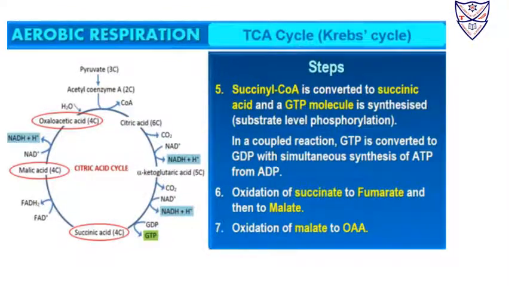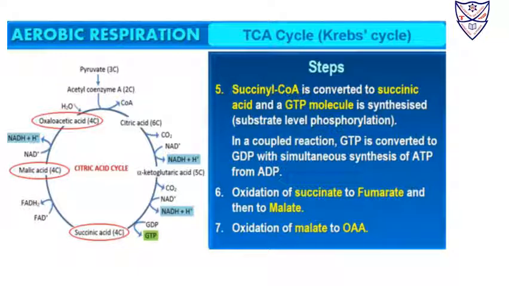The next step in the cycle is that succinyl CoA is converted into succinic acid. This is called substrate level phosphorylation. A GTP molecule is also made here. So in a coupled reaction, GTP is converted into GDP with simultaneous synthesis of ATP from ADP, triphosphate from diphosphate.